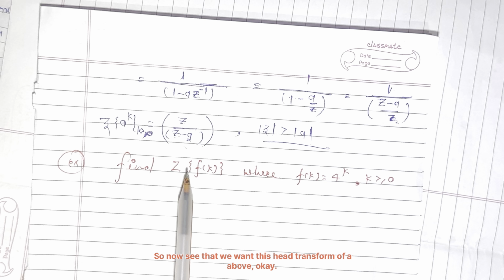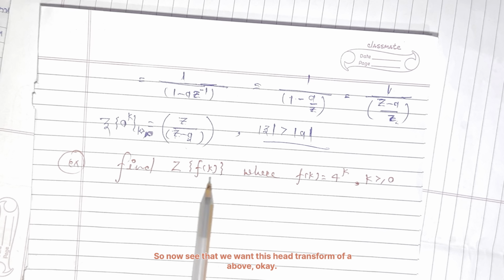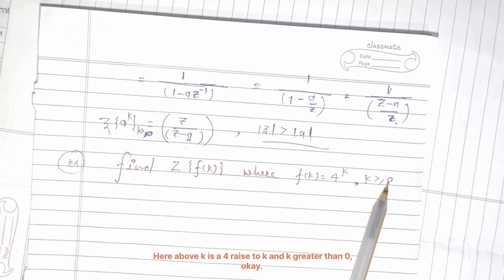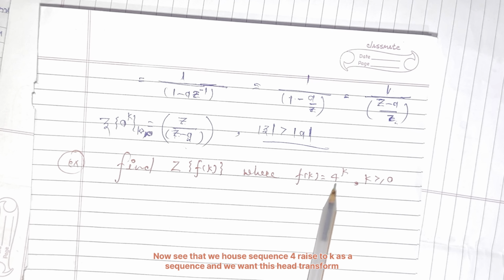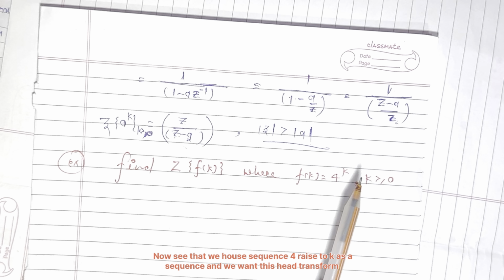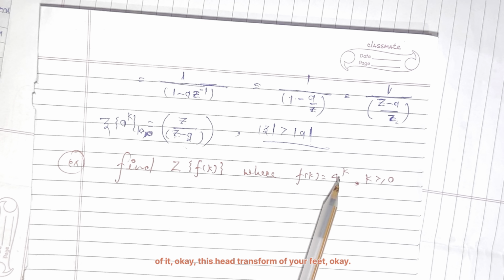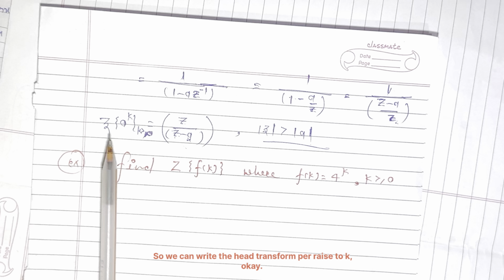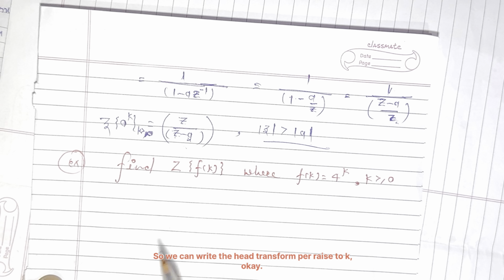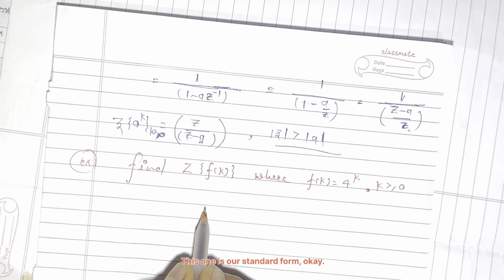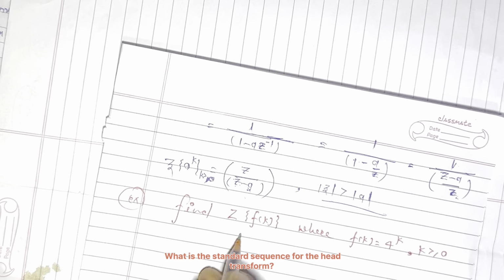Now see, we want the z transform of f of k, where f of k is 4 raised to k and k greater than 0. We have the sequence 4 raised to k, and we want its z transform. So we can write the z transform of a raised to k; this one is our standard form. What is the standard sequence for the z transform?